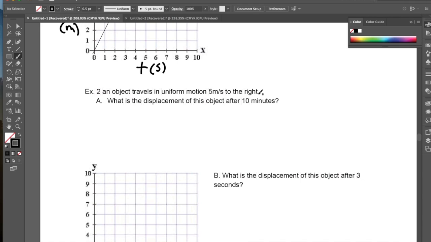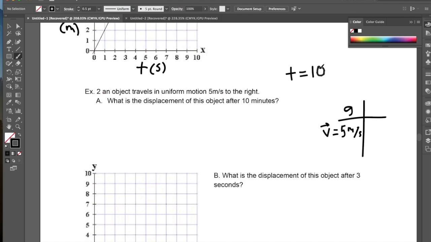First things first, be careful of units. We're given velocity in meters per second, 5 meters per second, but we're given displacement after 10 minutes. So time, we want to convert to seconds.